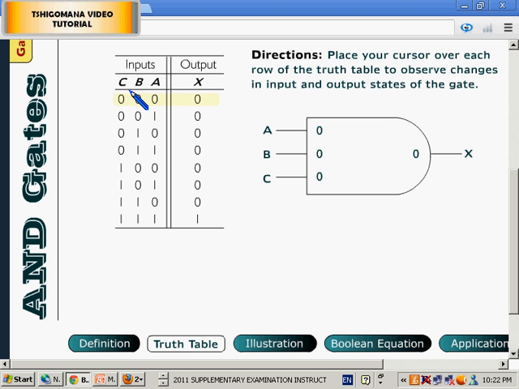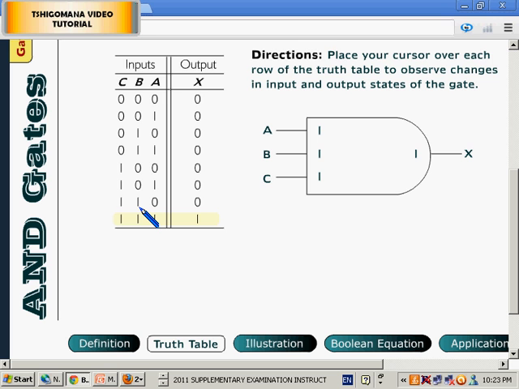If my mouse is on the first row, if you check on the diagram, you see that the output is low. In other words, the output is 0. Even when you check here, the output is still 0, low, low, low.